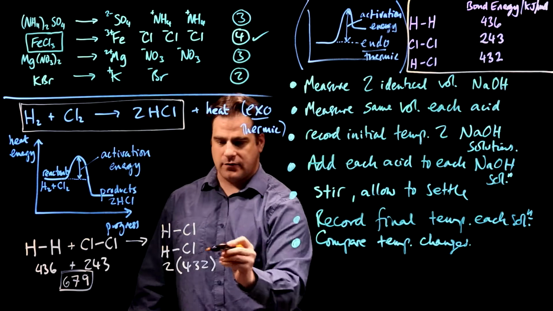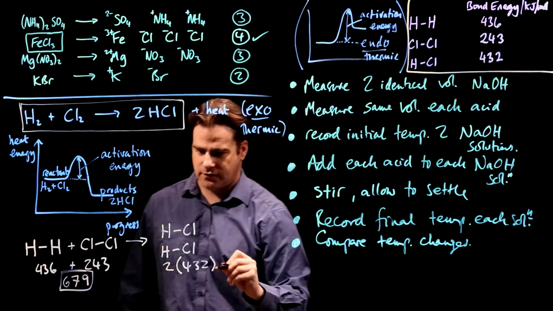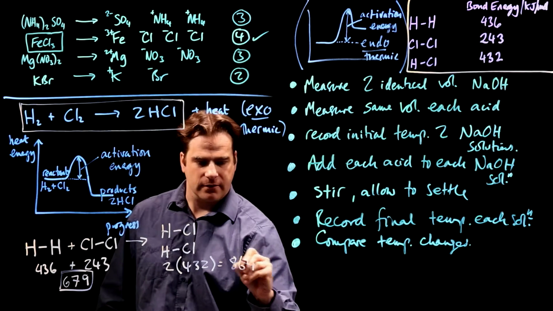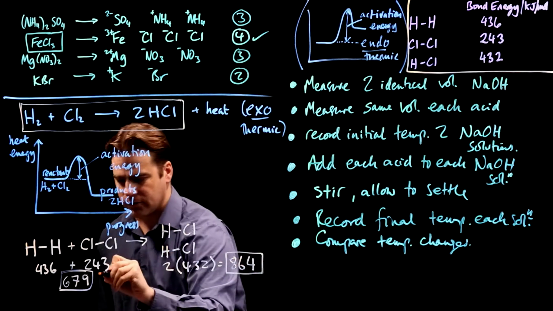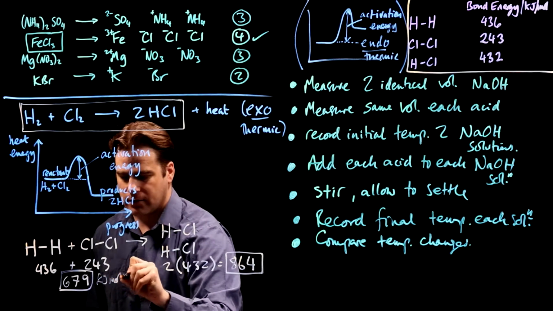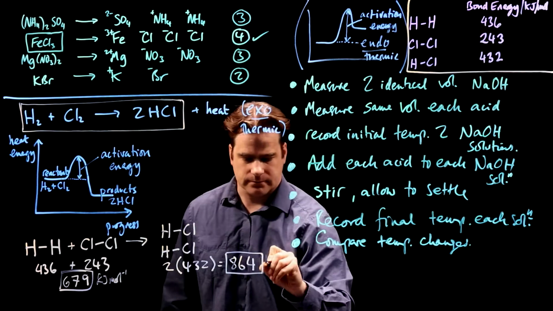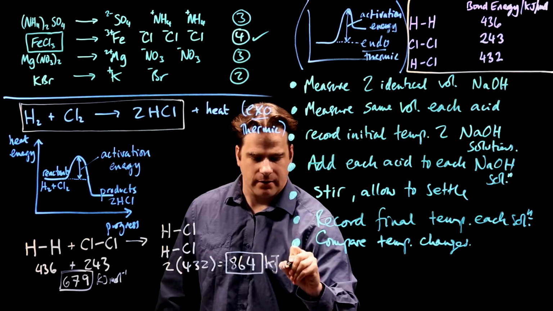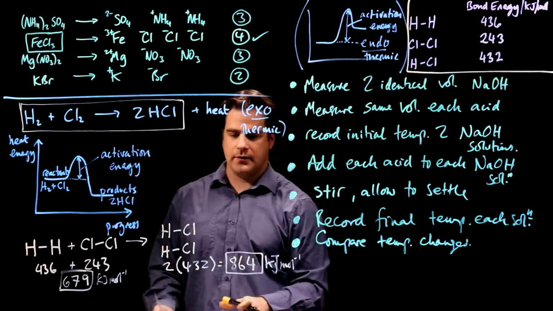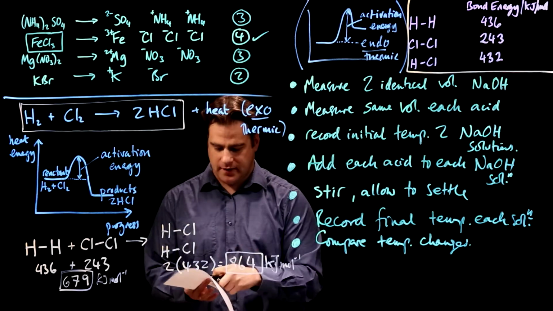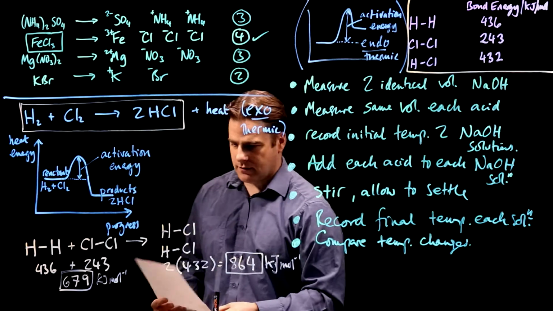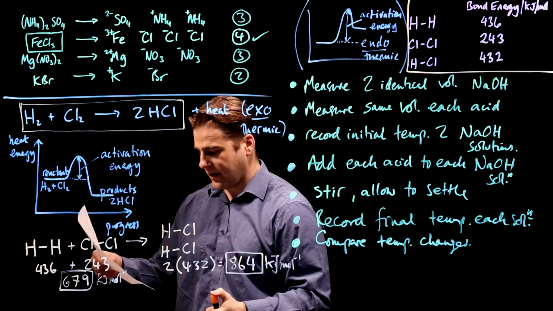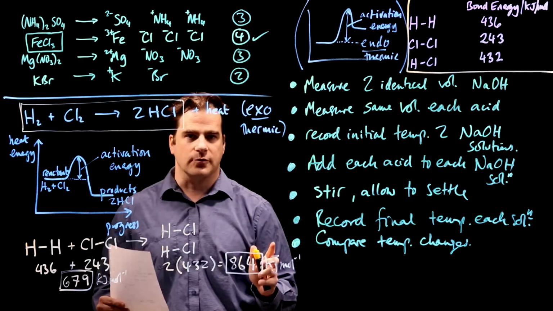Okay, and 2 times 432 is 864 kilojoules per mole. Kilojoules, big J, per mole. Okay, right, so the difference between 864 and 679, so 864 minus 679 is 185 kilojoules per mole.